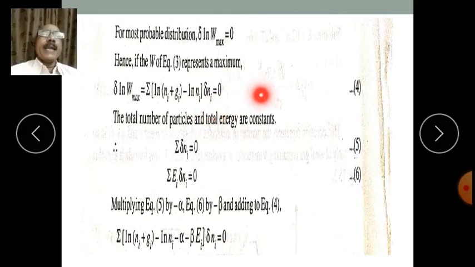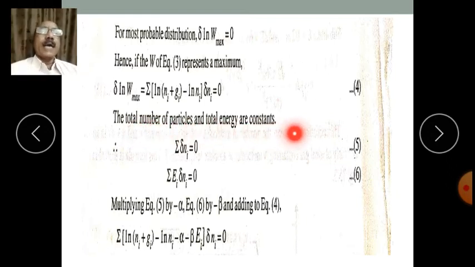Hence, for the W of equation 3 to represent a maximum, delta log of W max is equal to the summation of log of (ni plus gi) minus log of ni, into delta ni. As this is not subjected to variation, you get the derivative of this term to be equal to 0, because this is constant.